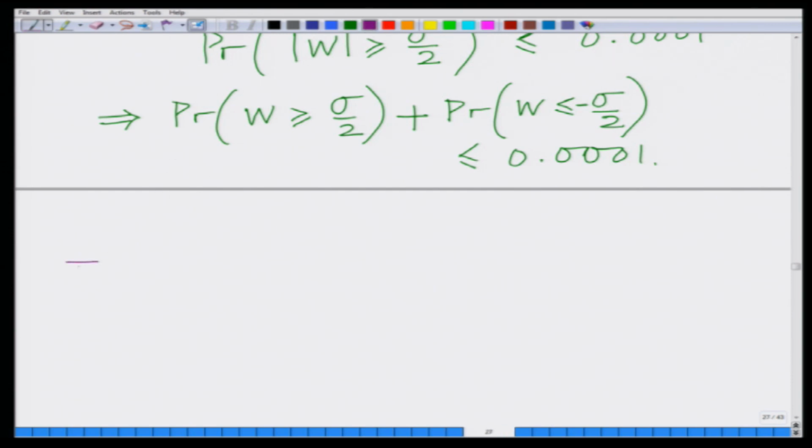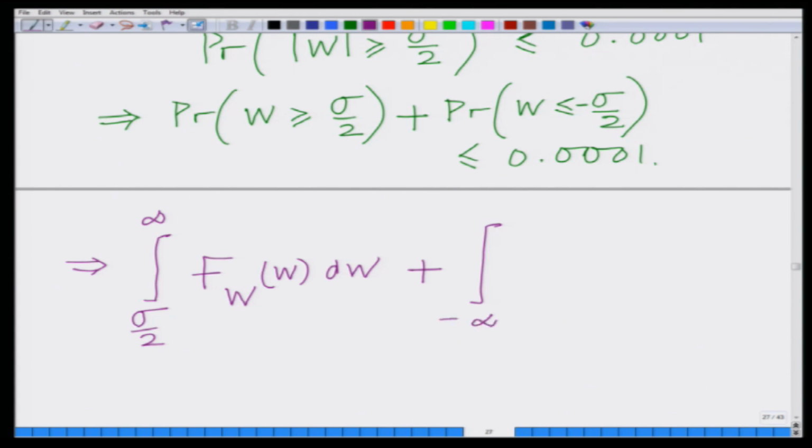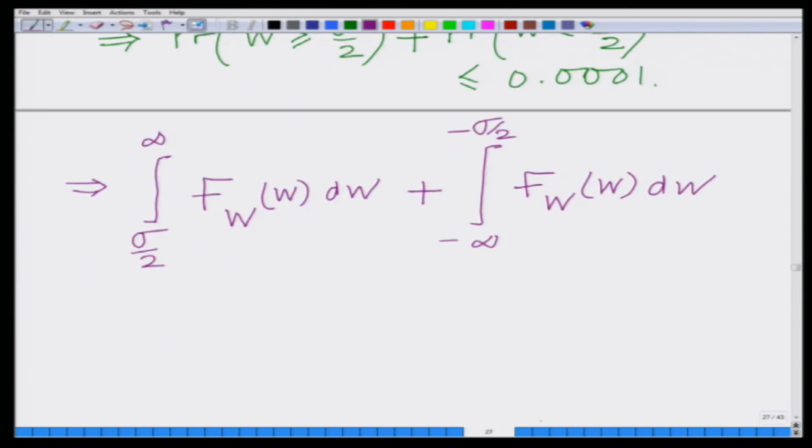And now, each of these quantities, the probability of w greater than or equal to sigma by 2, is nothing but the integral of the probability density function of w from sigma by 2 to infinity, plus the probability that it is less than or equal to minus sigma by 2, which is the integral from minus infinity to minus sigma by 2 of the probability density function of w, which we are saying should be less than or equal to 0.0001.